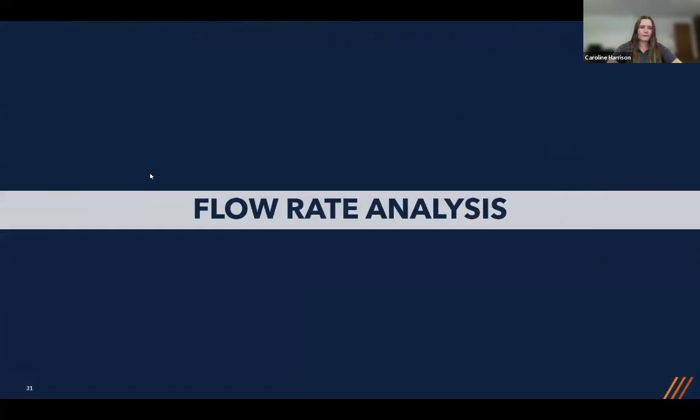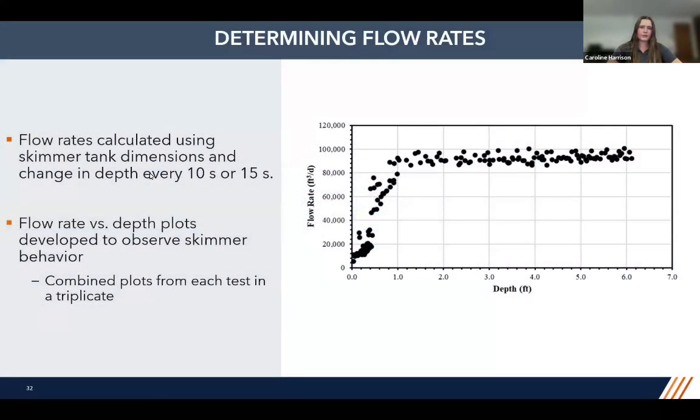So moving on into our flow rate analysis. Our flow rates were calculated using the skimmer tank dimensions, as well as the change in depth every 10 or 15 seconds, depending on that skimmer size. So our plots showing flow rate as a function of depth were developed to really observe skimmer behavior throughout a test.